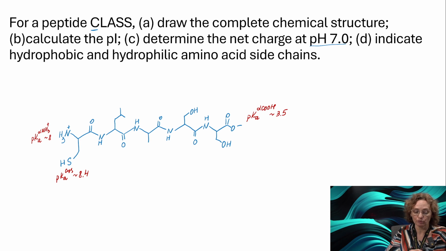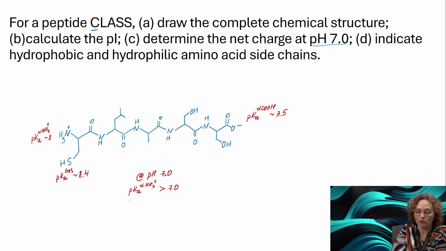polar amino acid residue. So as you can see, at pH 7, we would have both the cysteine side chain and the alpha amino group protonated, meaning the side chain will be neutral. The alpha amino group will be protonated exactly as we drew it, and that's because the pKa of the alpha amino group is greater than 7, right?